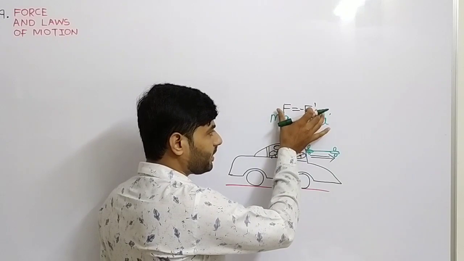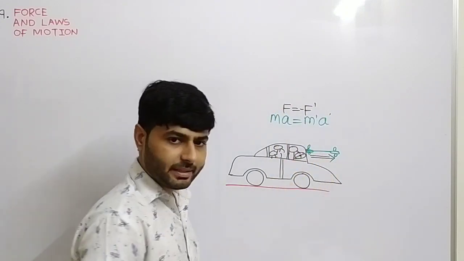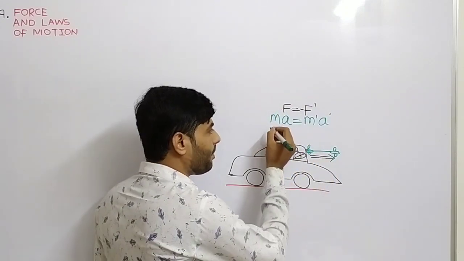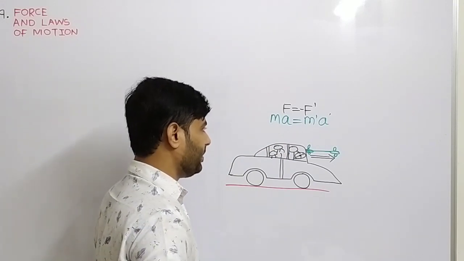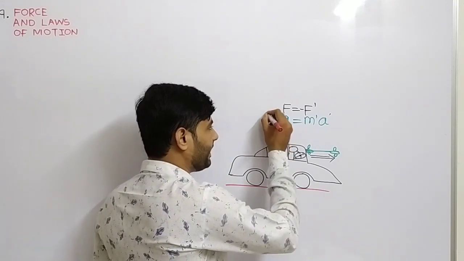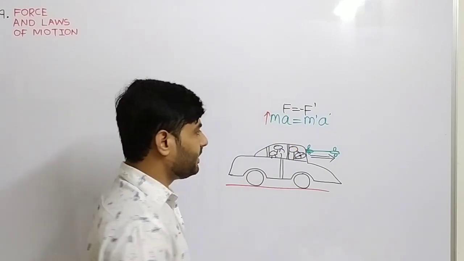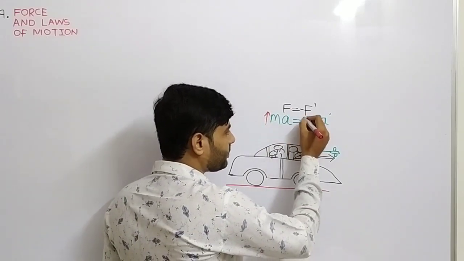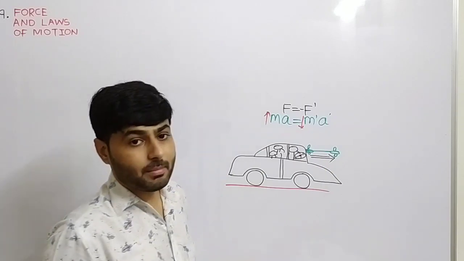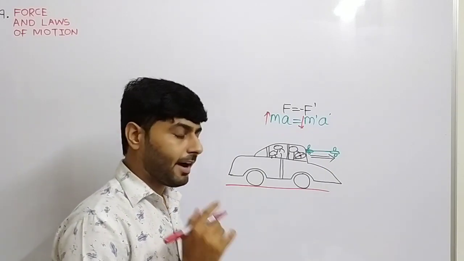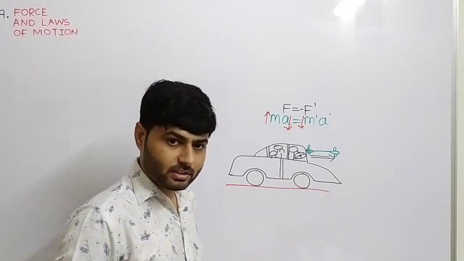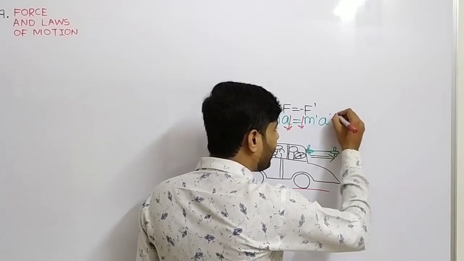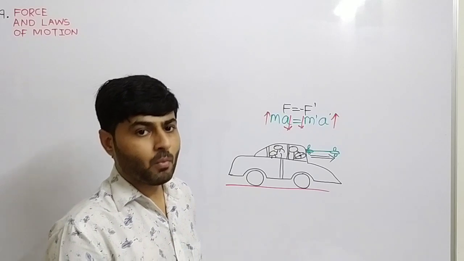So the force on both will be the same, but the mass of the car is very high, and the mass of the insect is negligible compared to the car. So here we have less acceleration, and there we have much more acceleration.